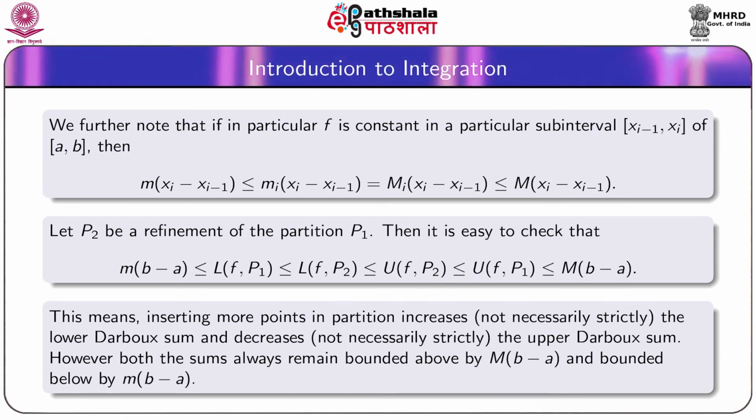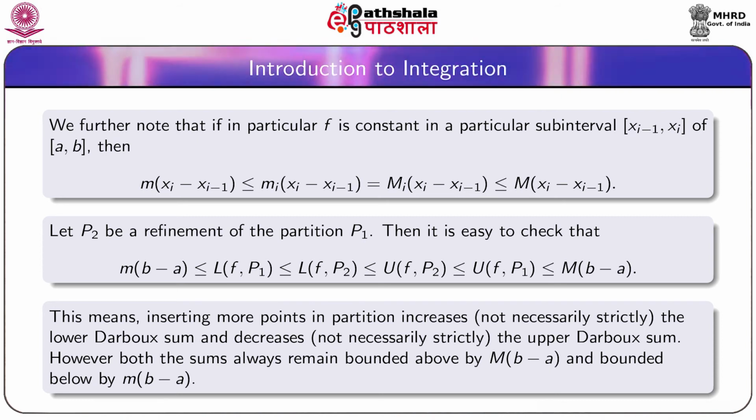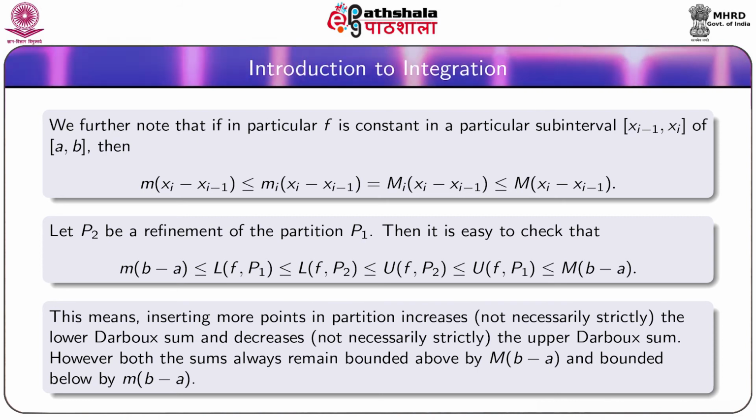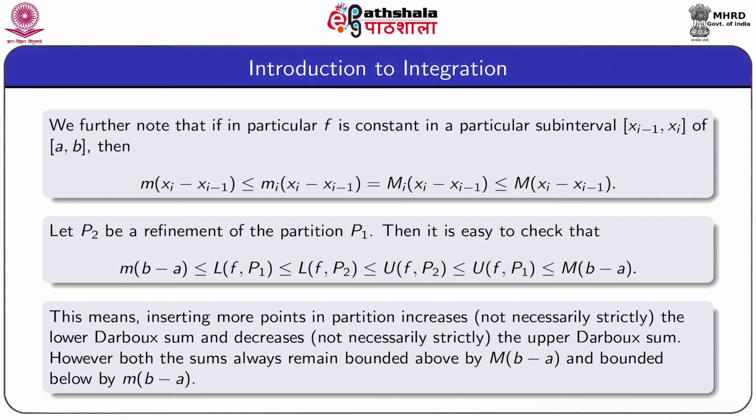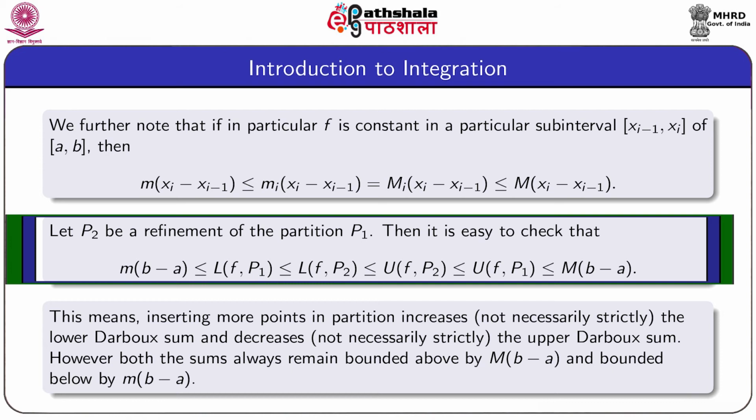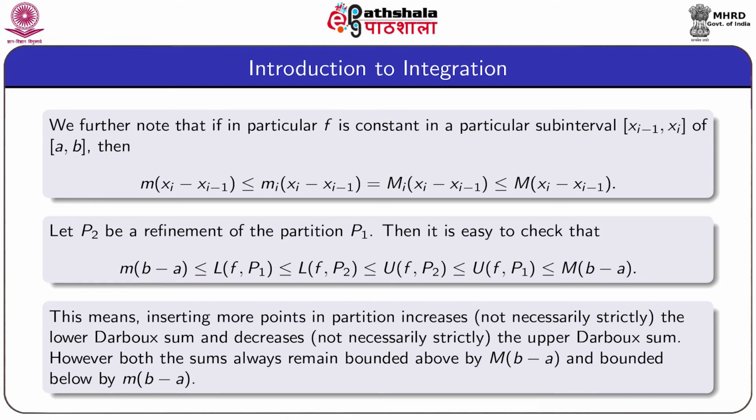Here we considered that in the ith subinterval f reduces to a constant, so its infimum would be equal to its supremum. Now let P2 be a refinement of the partition P1. Then it is easy to check that small m times (b minus a) is less than or equal to L(f,P1), less than or equal to L(f,P2), less than or equal to U(f,P2), less than or equal to U(f,P1), less than or equal to capital M times (b minus a).